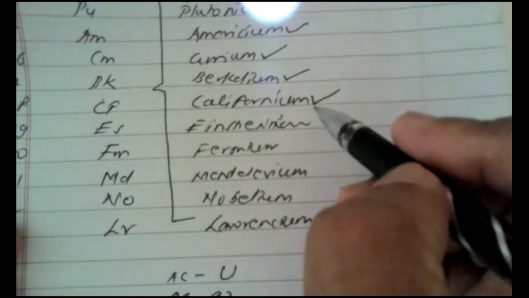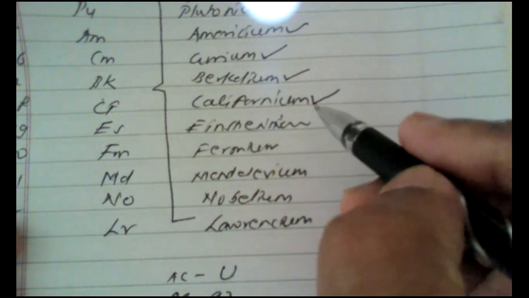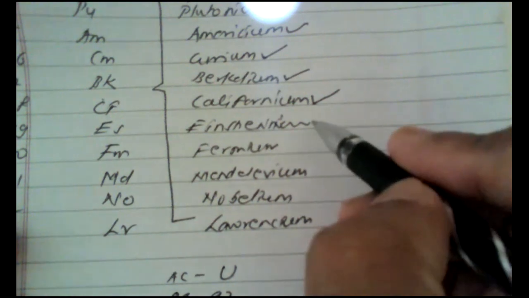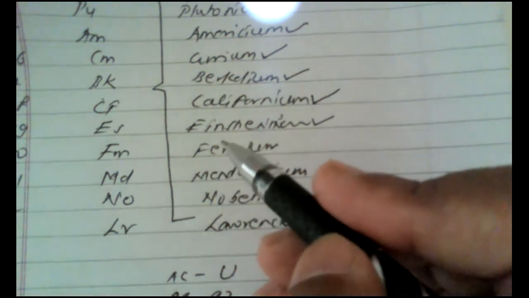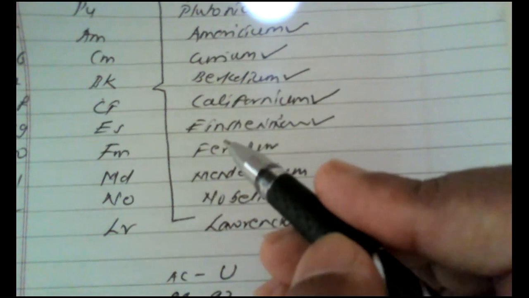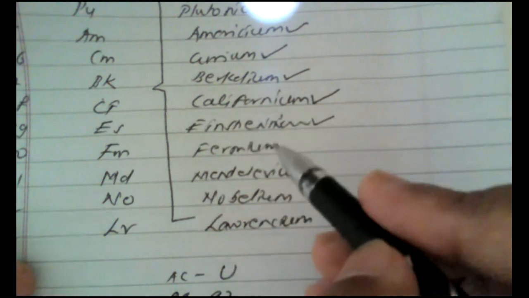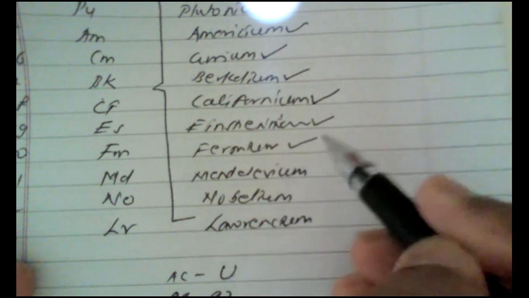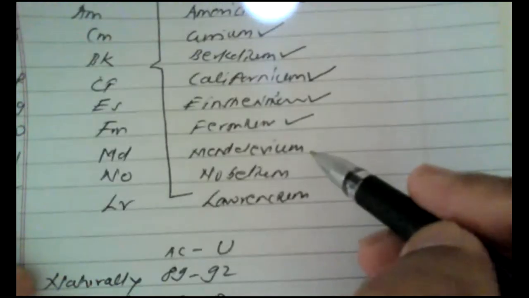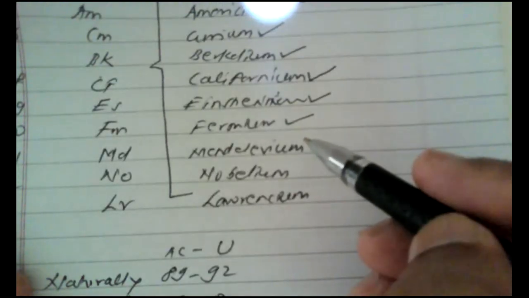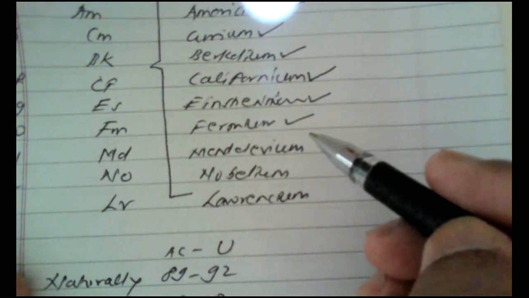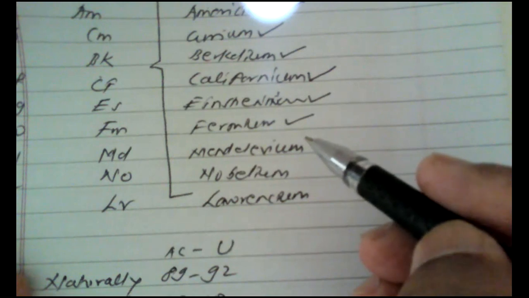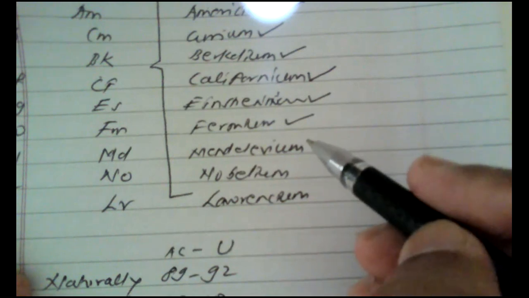The name of the scientist is Einstein, and from his name, the name of the element is einsteinium. Perhaps you might have heard of the Fermi gas model. Fermi is the name of the scientist from which the name of an actinide element, fermium, is derived. You are also aware that a major contribution was made by the father of the periodic table, known as Mendeleev, and from his name, the name of the element is mendelevium.